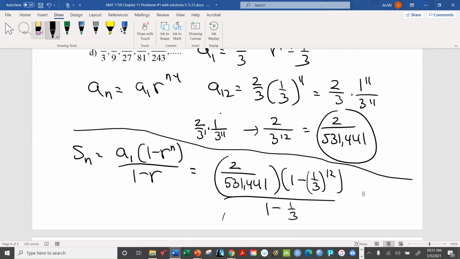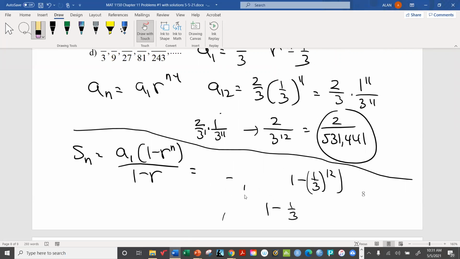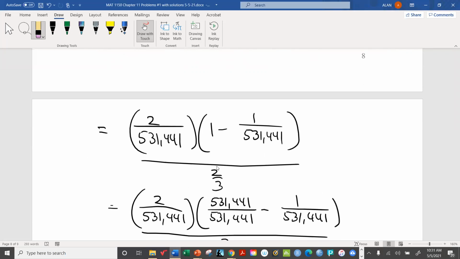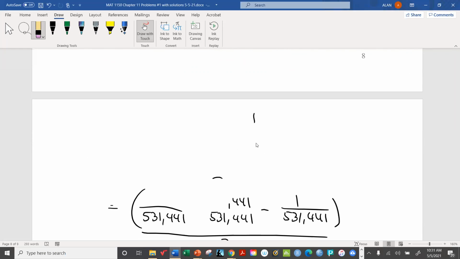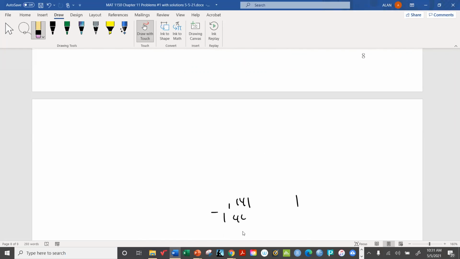I made an incorrect substitution way up here. No wonder it's not working out. All right, hold on. I copied the wrong thing. It's not going to be an easy answer, but it's not going to be this disastrously bad. I accidentally substituted an A12 instead of A1. All right, so that should make things a little cleaner.